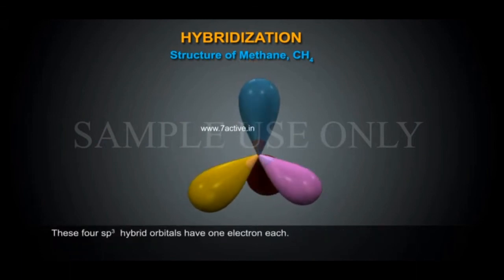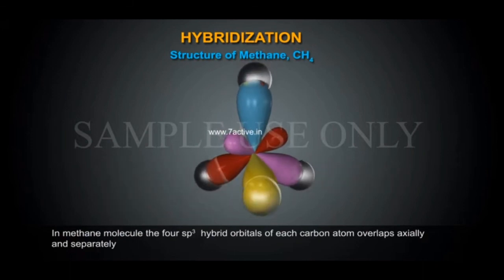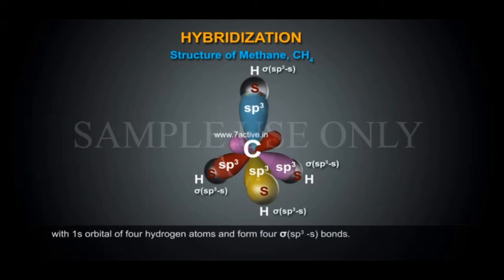These 4 sp3 hybrid orbitals have 1 electron each. In the methane molecule, the 4 sp3 hybrid orbitals of the carbon atom overlap axially and separately with the 1s orbitals of 4 hydrogen atoms and form 4 sigma sp3-s bonds.